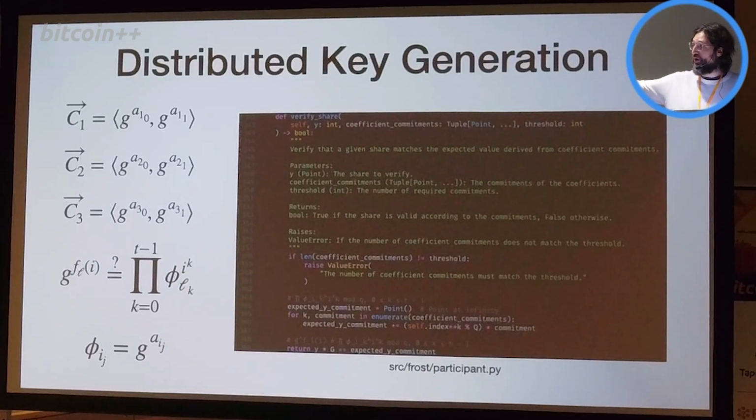And then we're checking for equality. Y is the share that the participant received that they're trying to verify, multiplied by G, and that should equal the polynomial evaluated at their index with the commitments.